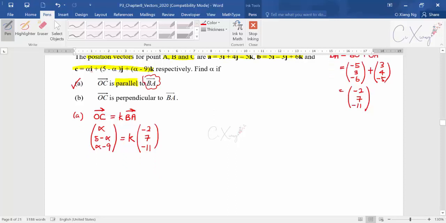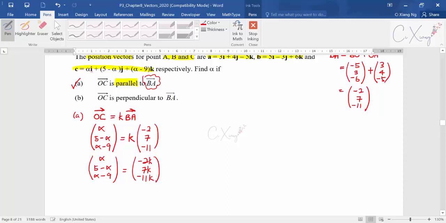Then from here, you multiply the scalar k into the vector BA, and therefore you have negative 2k, 7k, and also negative 11k.